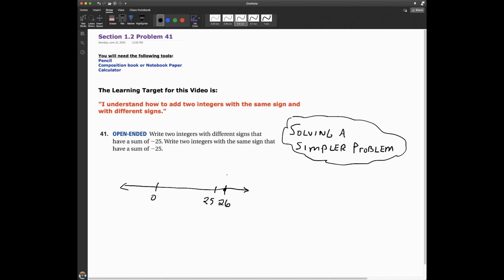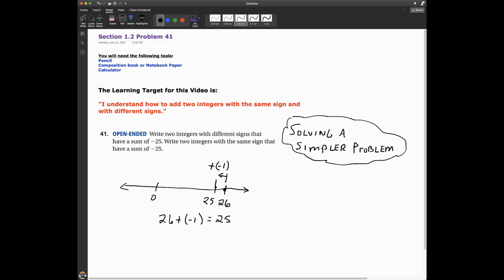Well, we've learned that to go this direction, to the left, I have to add a negative number. So what number would I add? Well, I only need to go one unit to the left. So I could say 26 plus negative 1 equals 25.